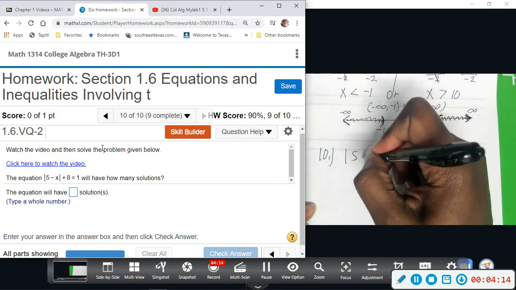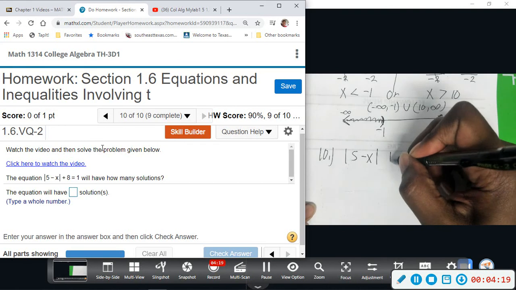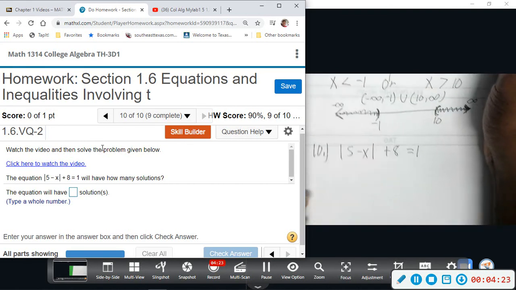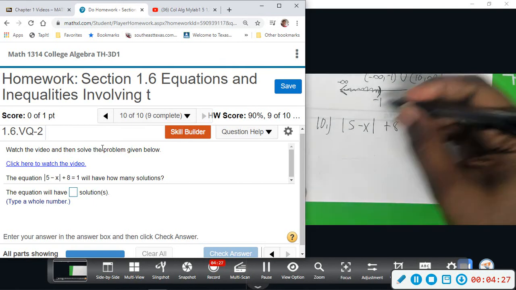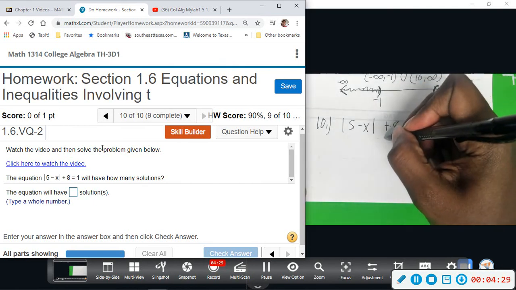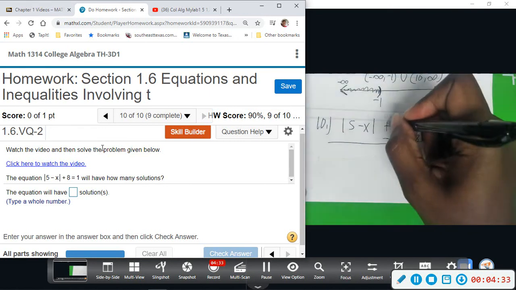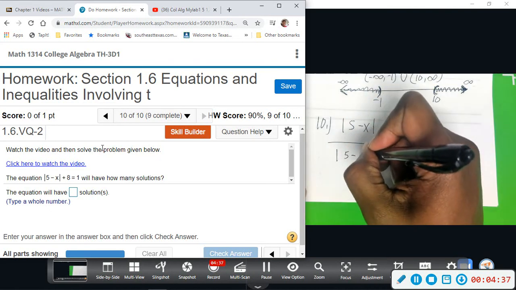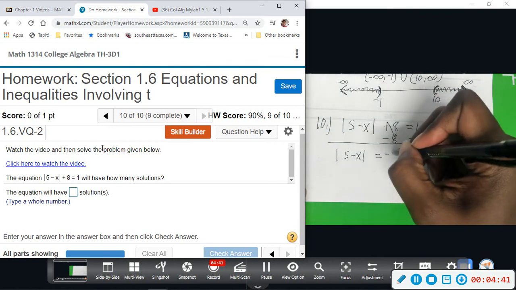So 5 minus x, absolute value, and then plus 8 equals 1. So remember, we have to isolate that absolute value first before we can set the two sides up. Minus 8, we get the absolute value of 5 minus x equals negative 7.